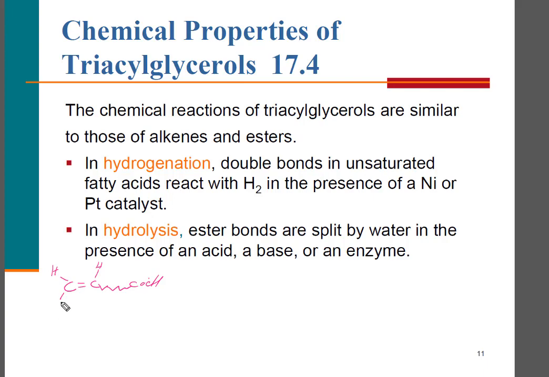So it's an unsaturated fat, right? You can react this with hydrogen. It says a nickel. This is a nickel or platinum catalyst. I don't really care a whole lot about the catalyst. The main thing is you're adding hydrogen across that double bond, and you go from an unsaturated fat to a saturated fat.